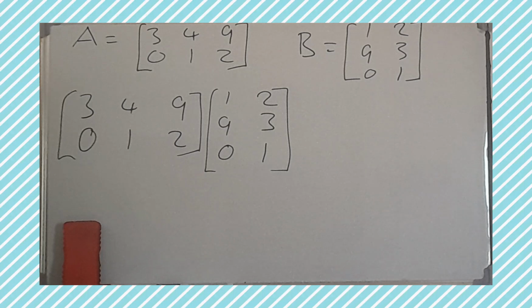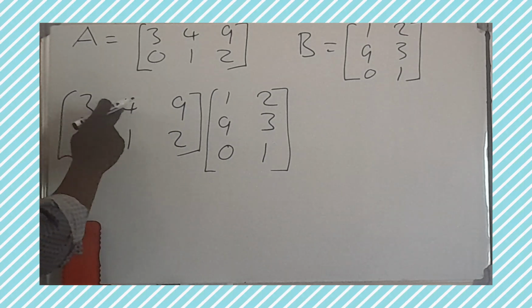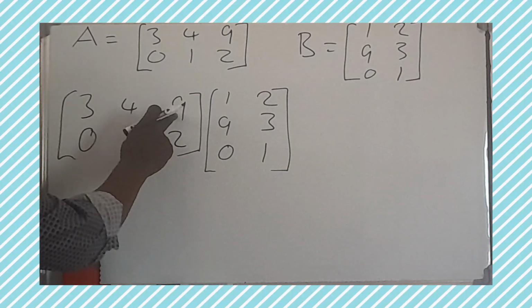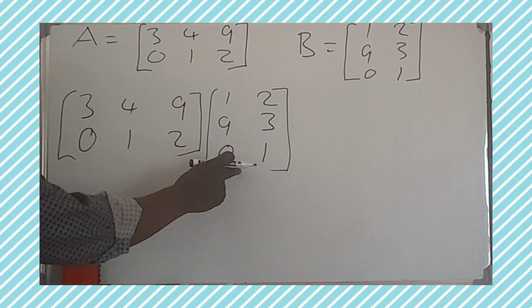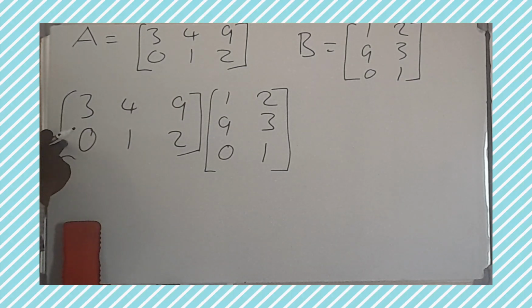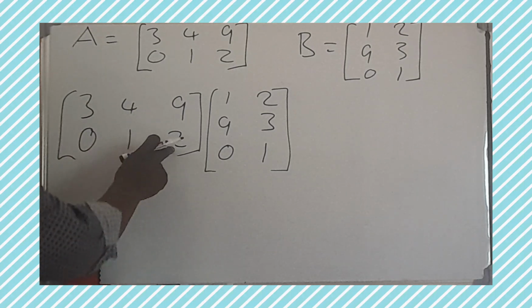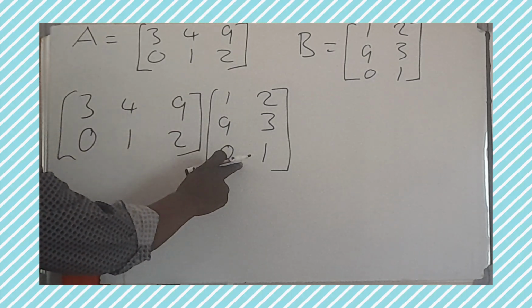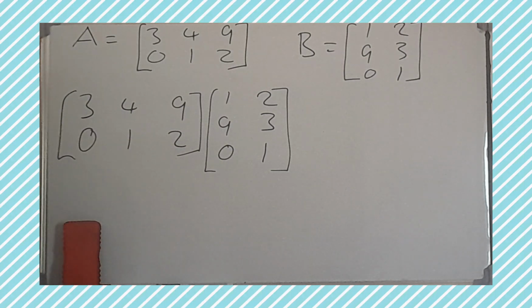Remember, in addition, you add corresponding elements. In multiplication, it's slightly different. Here is how it goes. You multiply the whole of the first row of A by the first column. You also multiply the second row by the very first column of B again. So let's do that and see.